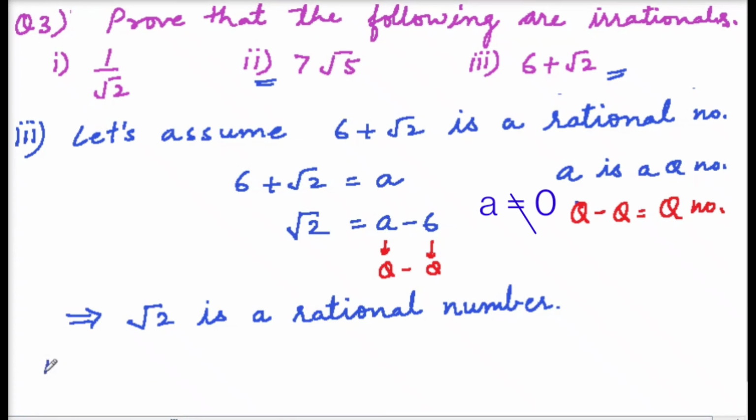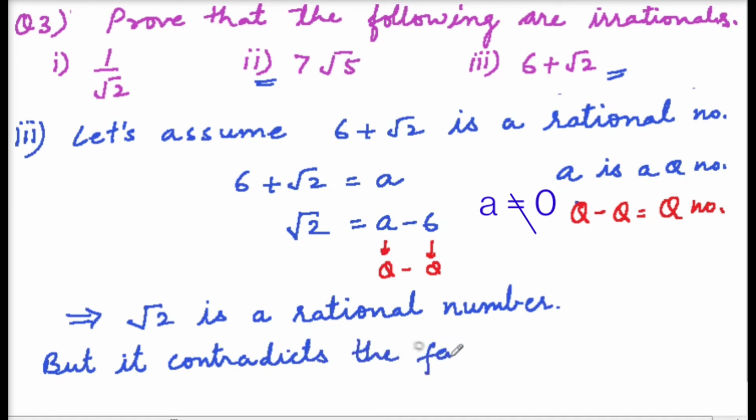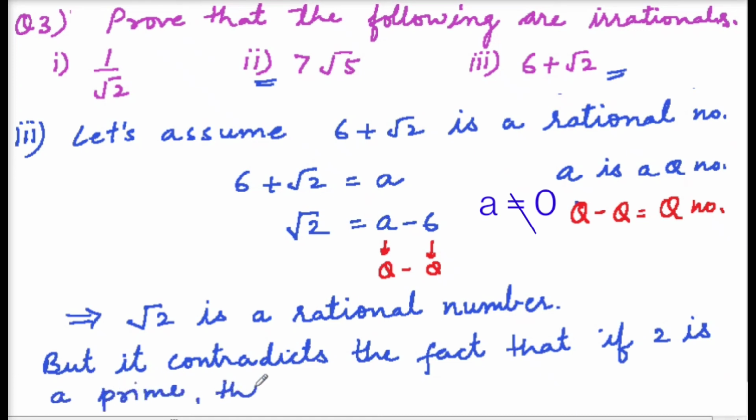Again there is a contradiction. We write but it contradicts the fact that if 2 is a prime number, then square root of 2 is an irrational number, and we know that 2 is a prime number.